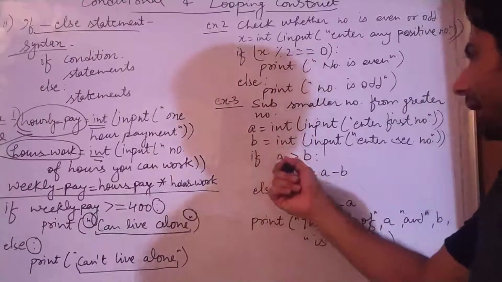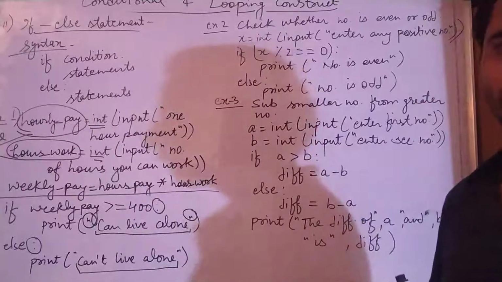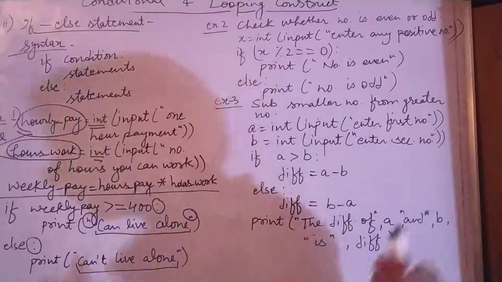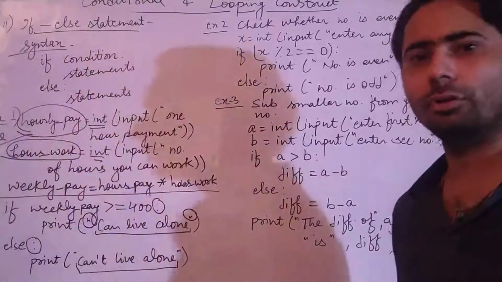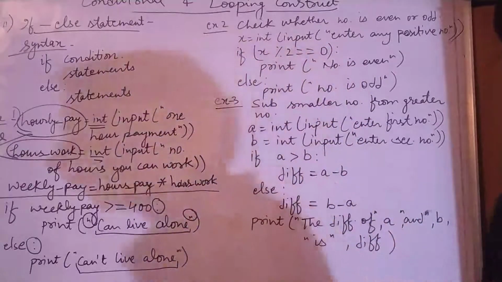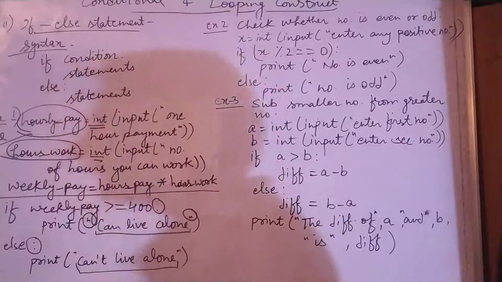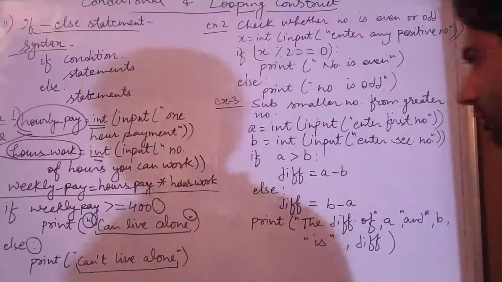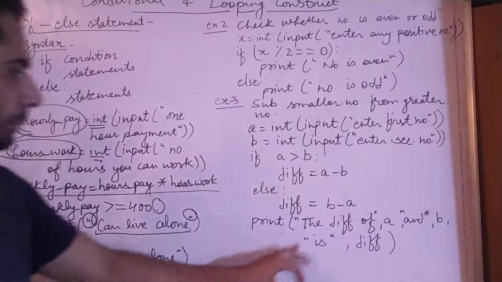Now if a greater than b, अगर आपका a जो नंबर है वो b से बड़ा होगा, then the difference equals a minus b, because we subtract the smaller number from the greater number. Else, if this condition becomes false, then difference equals b minus a. Okay, तो अगर ये कंडीशन false हो जाती है तो सेकेंड it goes to else block, then b minus a.